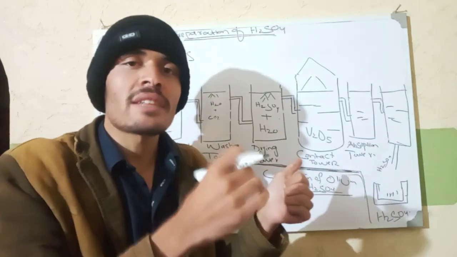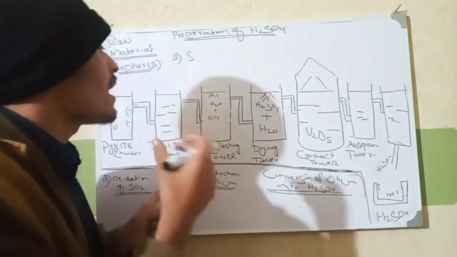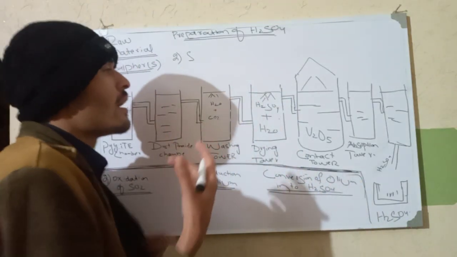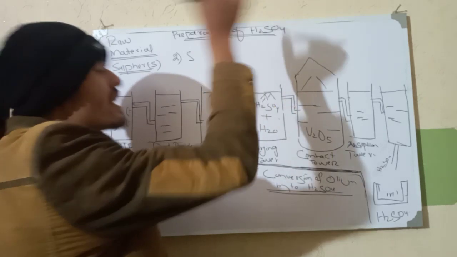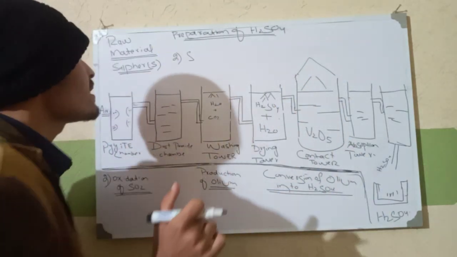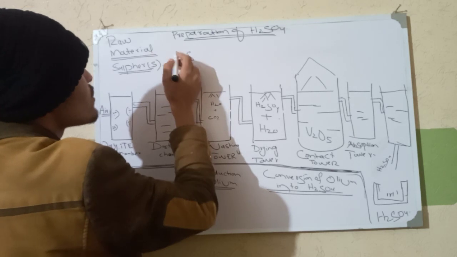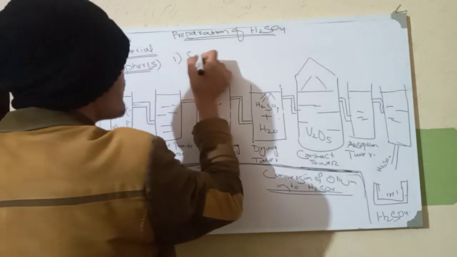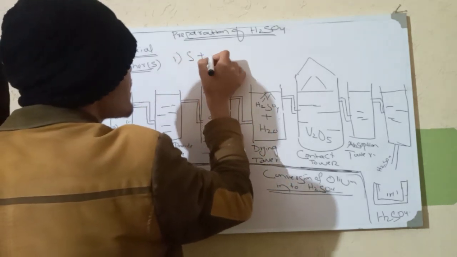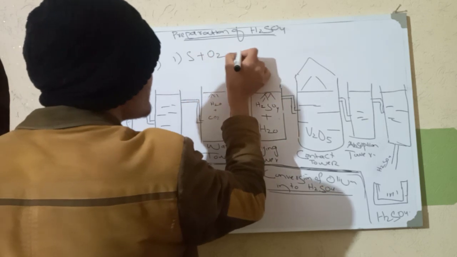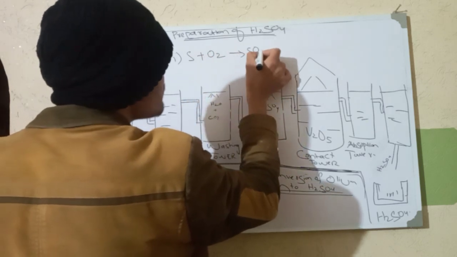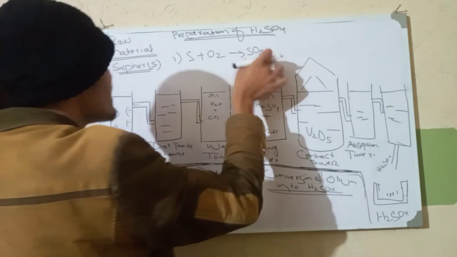So step by step I will draw how this H2SO4 is produced. What is the first step? The first step is the addition of oxygen to sulfur. Sulfur combines with oxygen and they form SO2, which is sulfur dioxide.